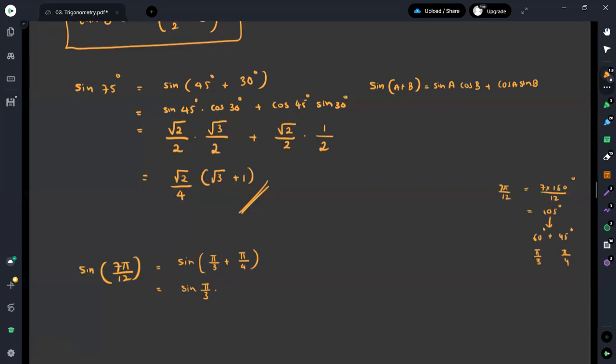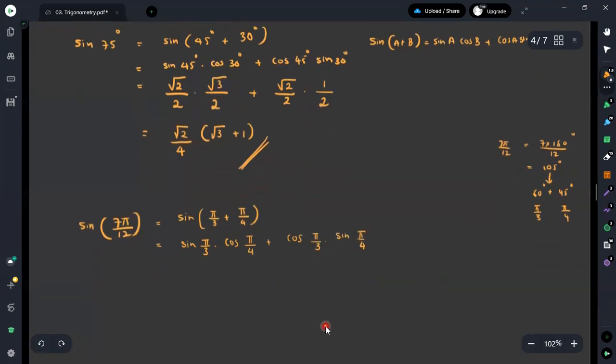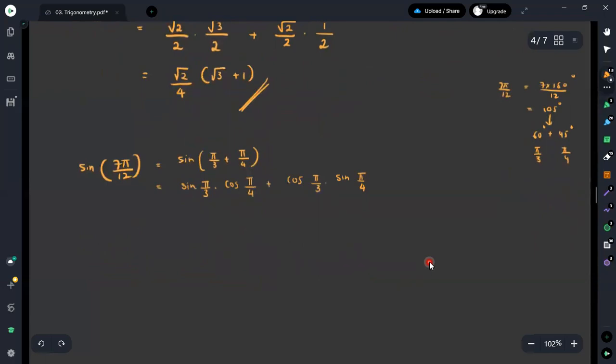Then you can write it as sine π/3 cosine π/4 plus cosine π/3 sine π/4.